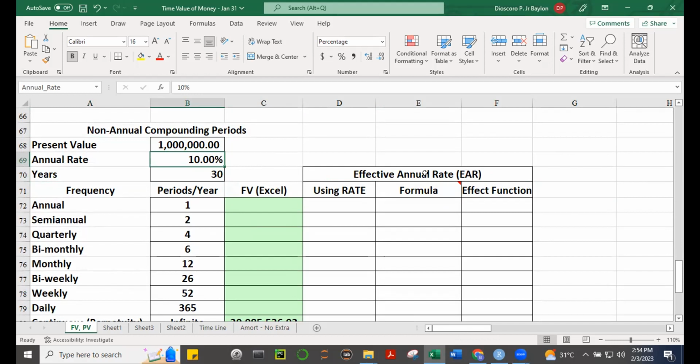Now, if we're going to do a semi-annual computation, how many times each year will the interest be computed? Kindly chat, please. How many times every year? Yeah, thank you.